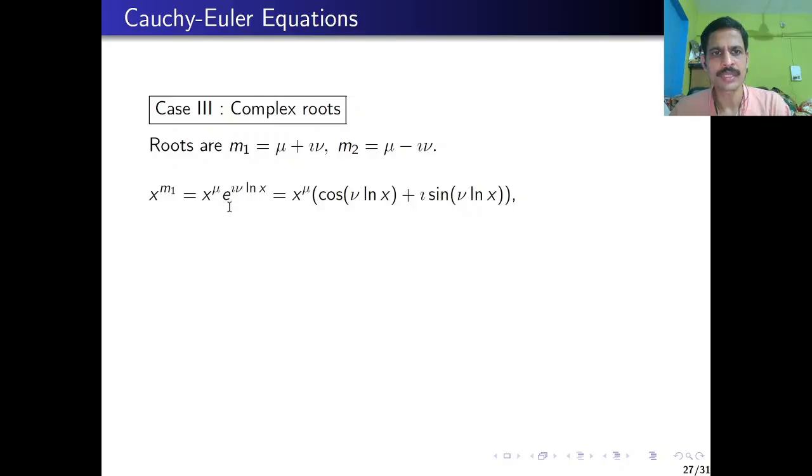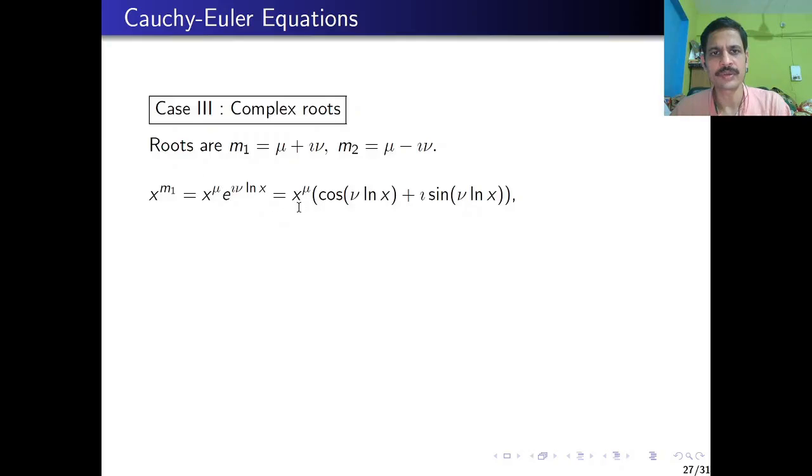Because x raised to m1 is equal to x raised to mu times x raised to iota nu, that x raised to iota nu we wrote as e raised to log of x raised to iota nu, and iota nu from the power we brought in the front and multiplied ln x with iota nu, and we obtain this quantity.